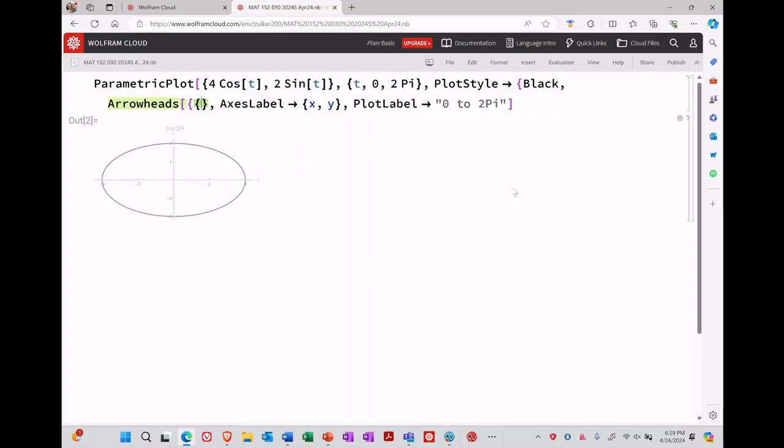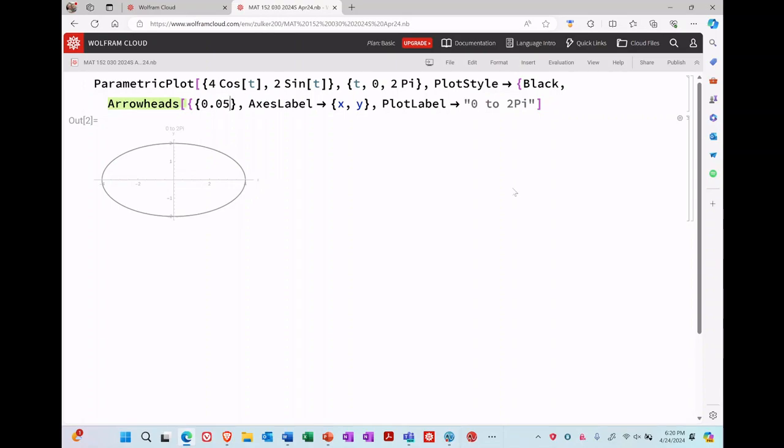I'm going to plot a set of arrows. So each arrowhead is an ordered pair. The first number is the size of the arrowhead.